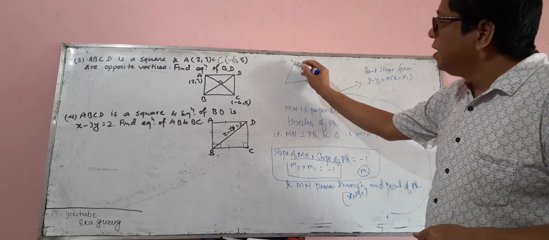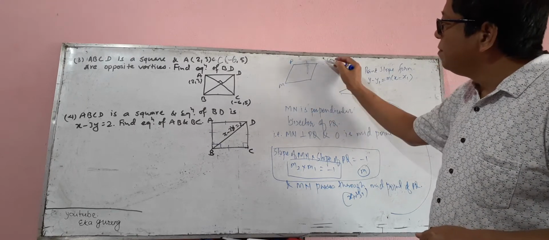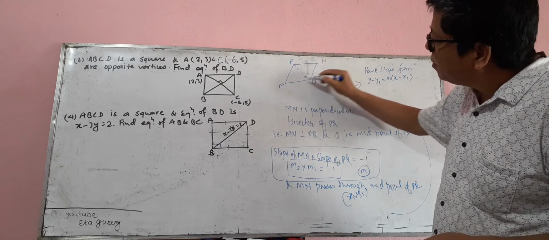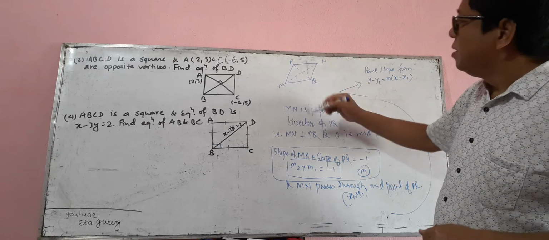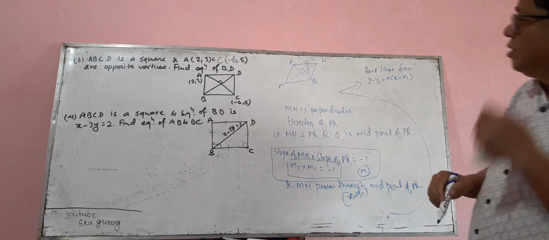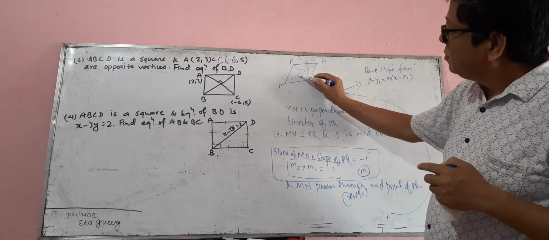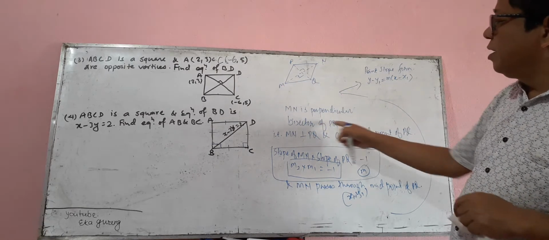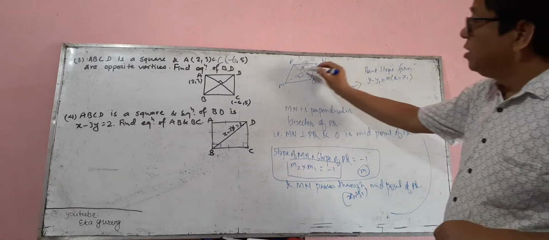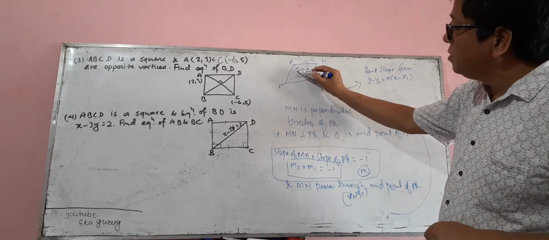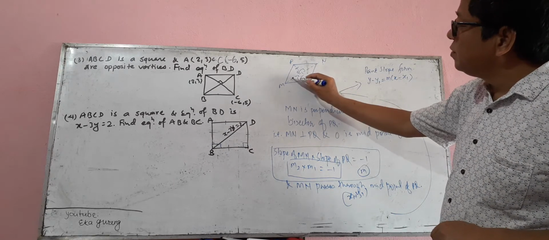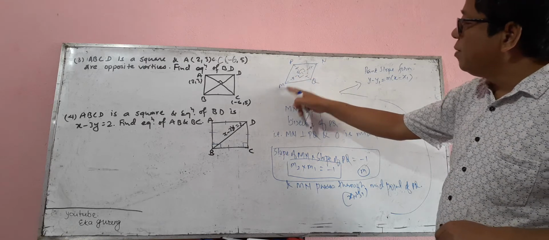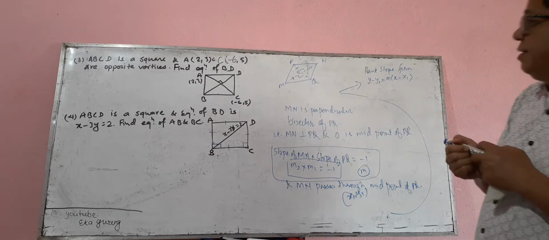This is a rhombus, say P, M, N, Q. In case of a rhombus also, MN and PQ are perpendicular bisectors of each other. But here the parts are not all equal; PO is equal to OQ and MO is equal to ON.